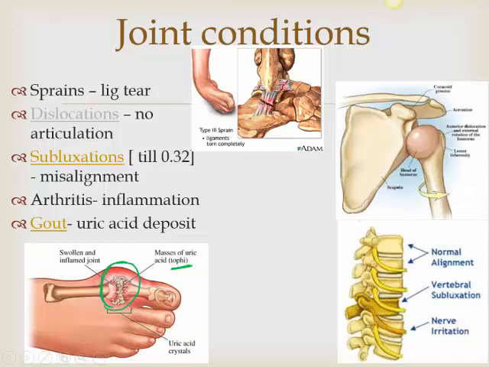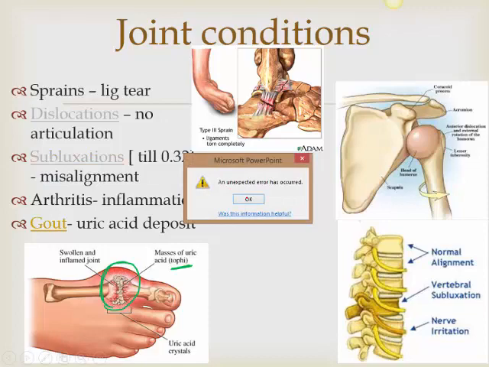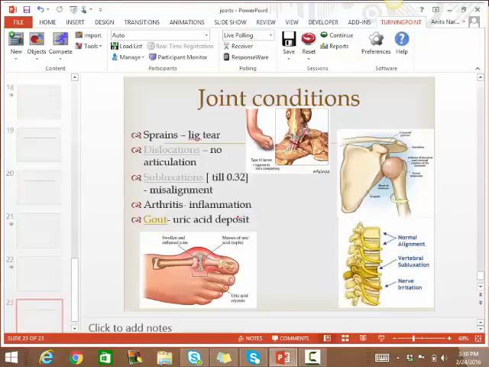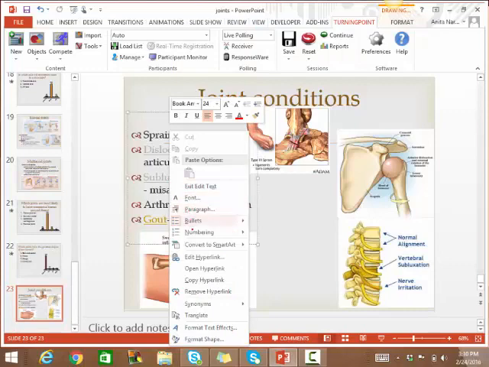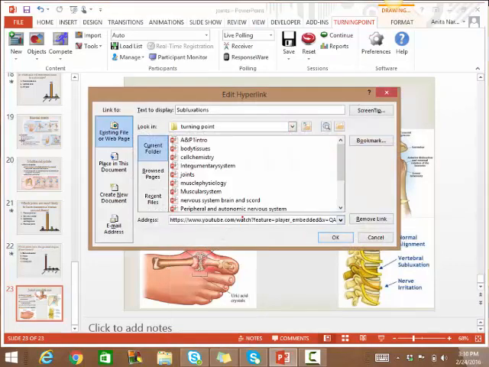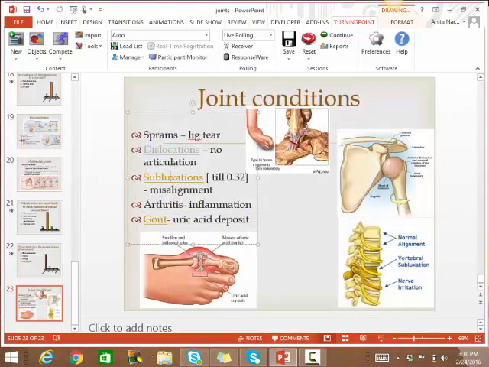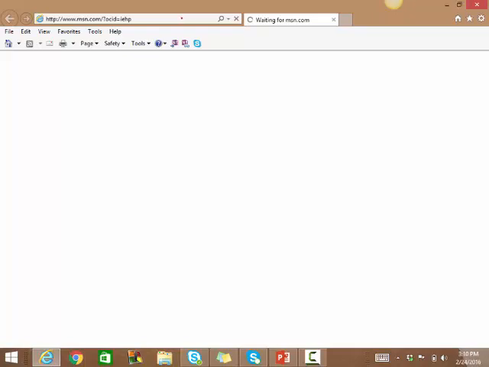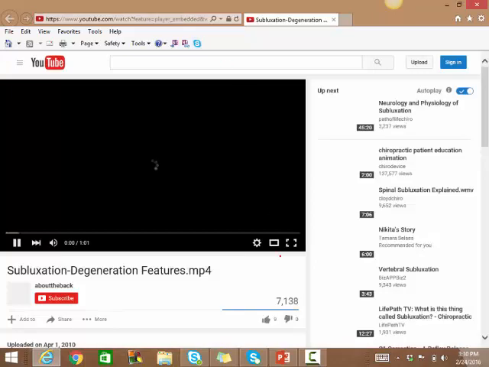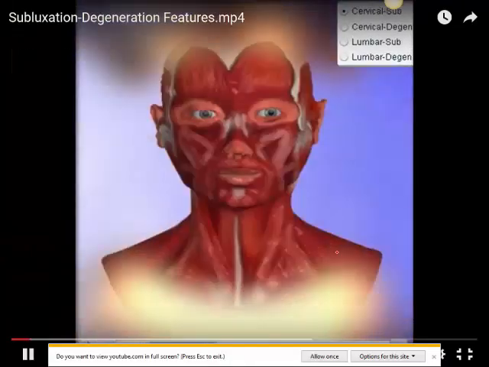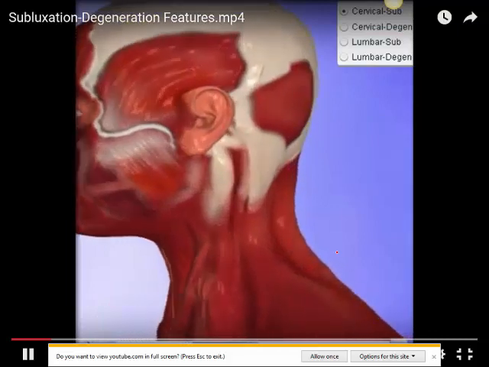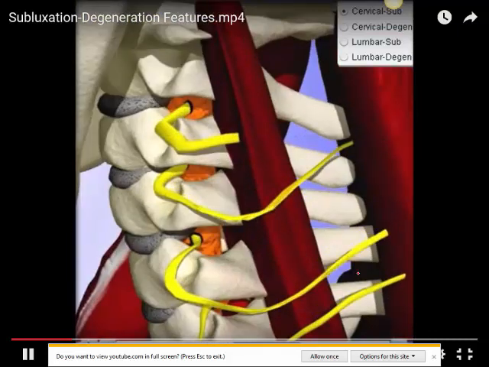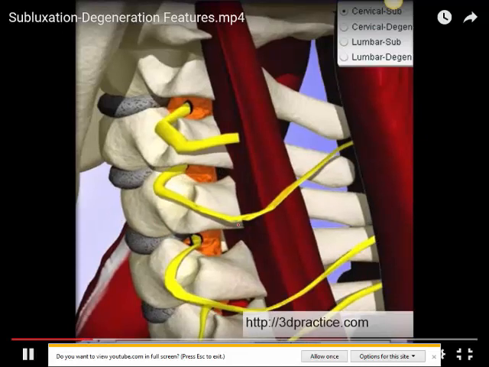And here we are looking at a case of vertebral subluxation. So notice here how this bone has subluxated.